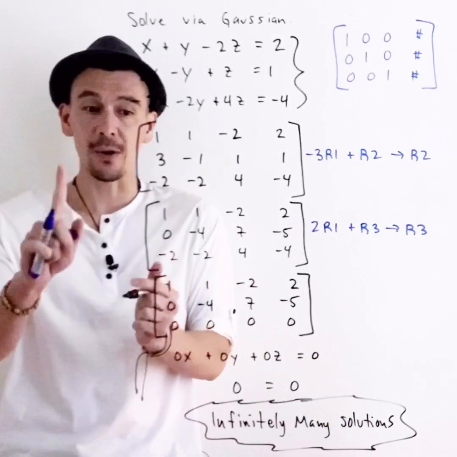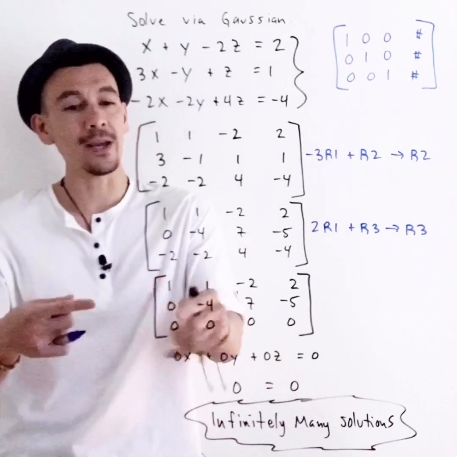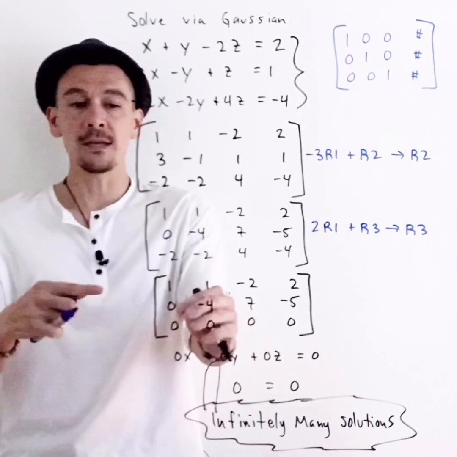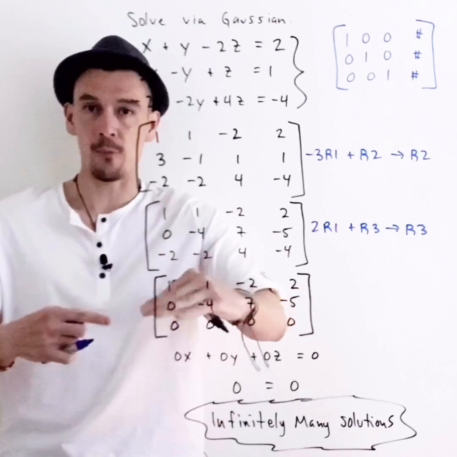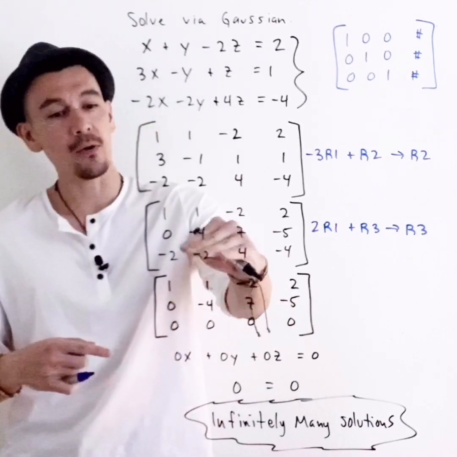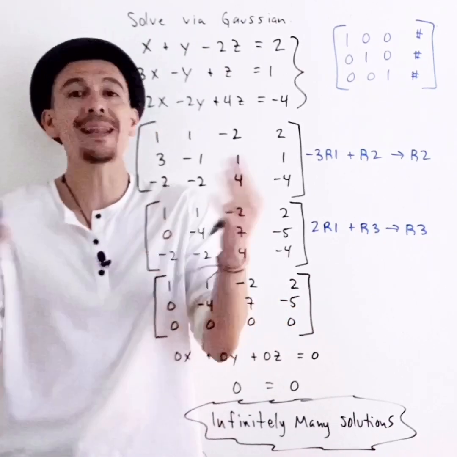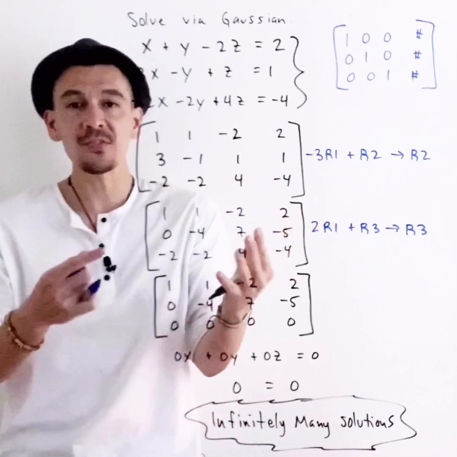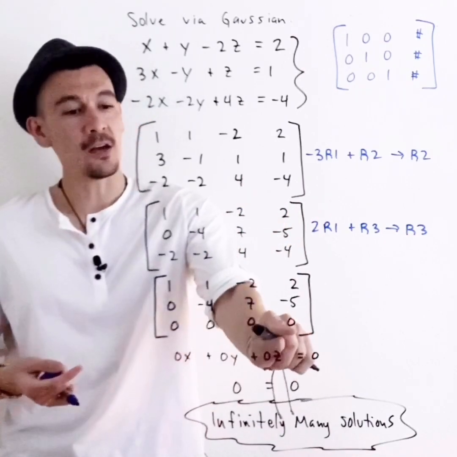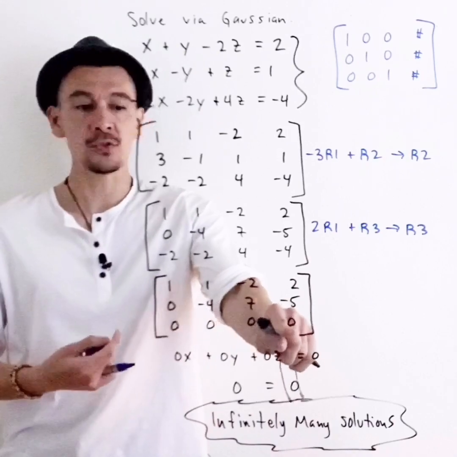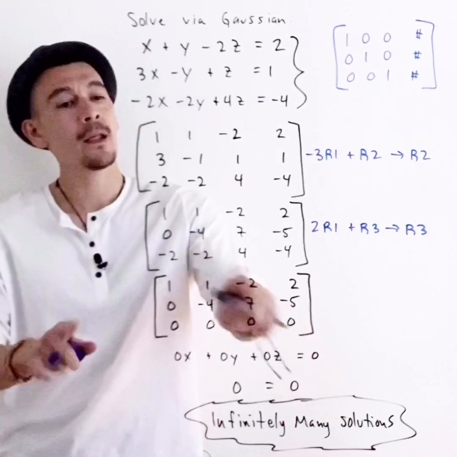And before I let you go, a quick comment. That whole situation of 0, 0, 0, it doesn't have to just happen in the bottom row. It can happen in the top row or in the middle row. Anywhere it happens, it boils down to two things. If that's also a 0, many solutions. If this is anything but 0, no solution at all.